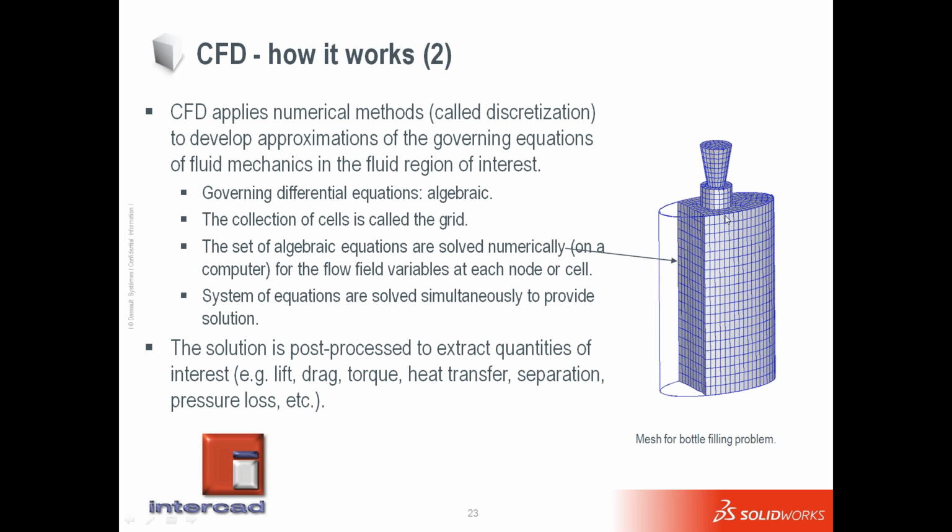So a series of cells and elements we will put in to represent the geometry, and we solve the equation through all these elements. Since we have solved them, we are able to do the post-processing. Then we can extract quantities of interest such as lift, drag, torque, heat transfer, and so on from the domain.